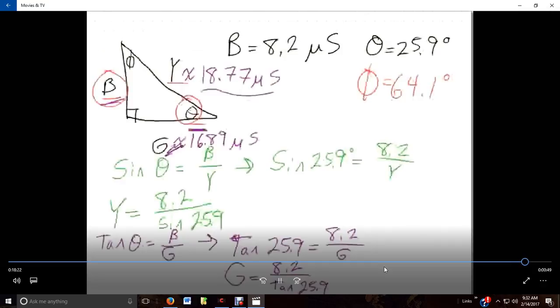Then we have an angle that is 64.1 degrees. It should correspond to the middle side, 16.89. That seems about right. And the longest side should correspond to the hypotenuse. Always make sure your triangle makes sense. If you end up with a longest side across from a smaller angle, you need to go back and clean that up. That should be enough to take care of 7b.